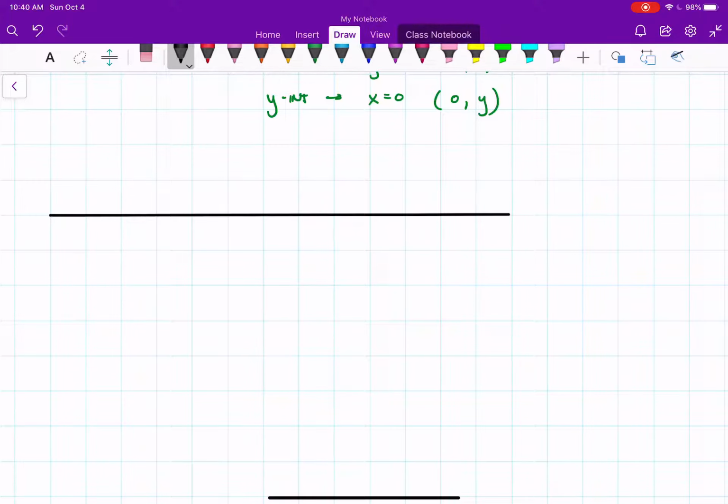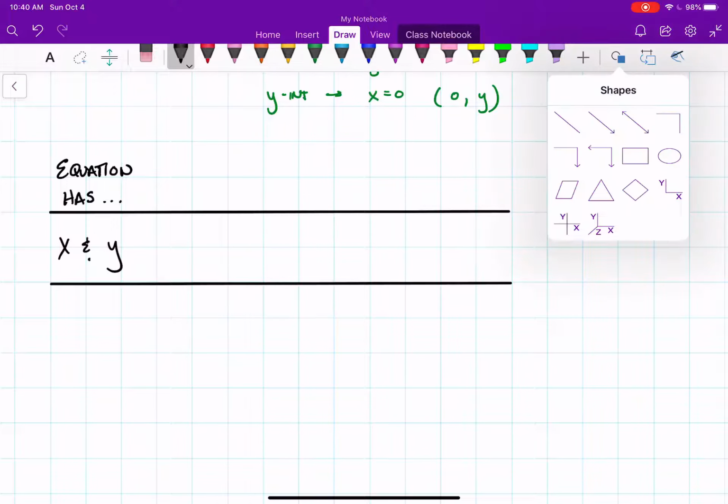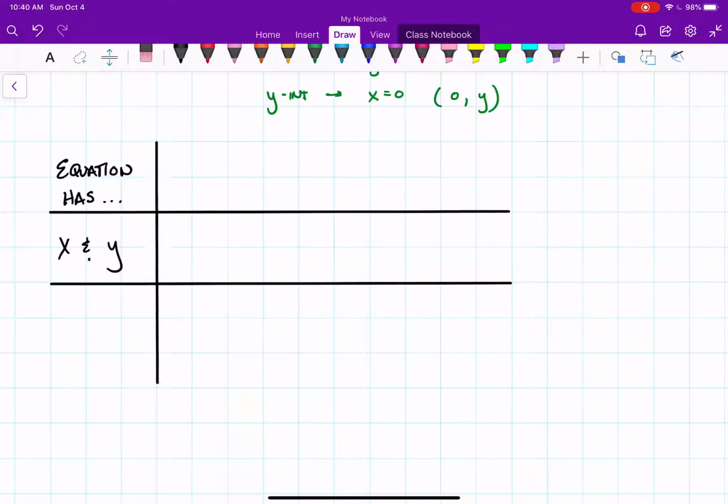If an equation has an x and a y, what kind of line do we have?